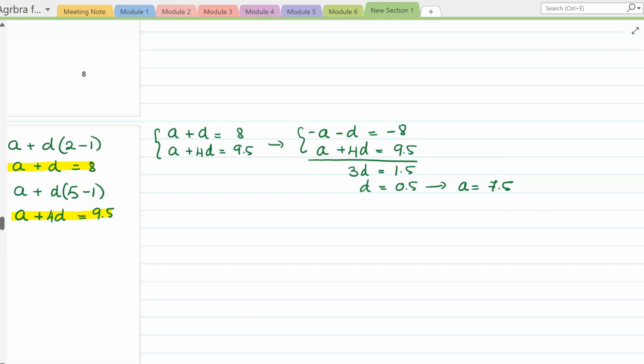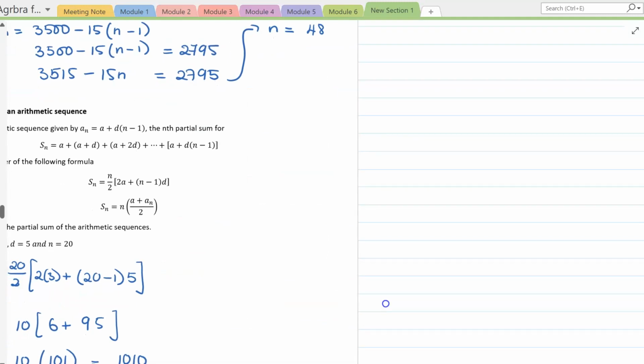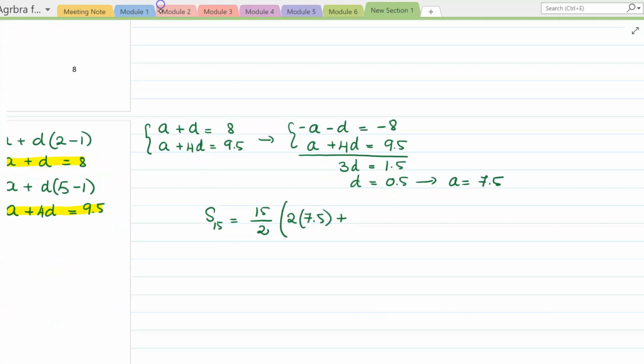Now that I have a and d, I can solve for the partial sum of the first 15 terms, equal to 15 divided by 2 times 2a, so 2 times 7.5, plus, and what is our formula? Plus n minus 1 times d. So plus 15 minus 1 times 0.5. Let's calculate this out to see what we get. And we get this equal to 165.